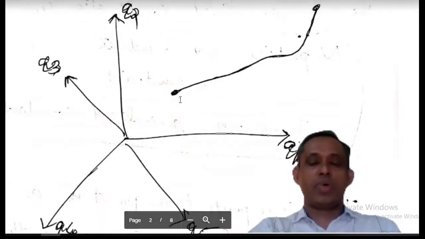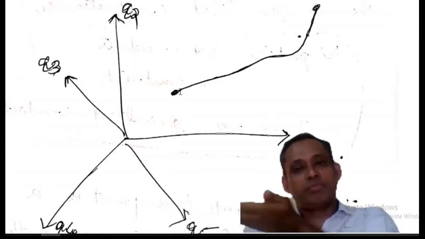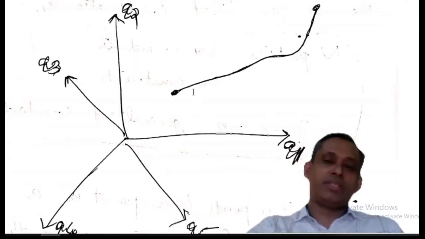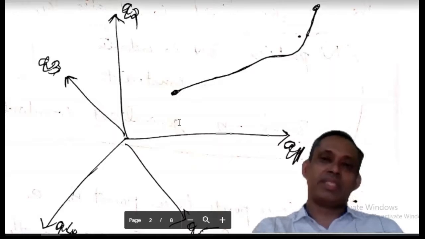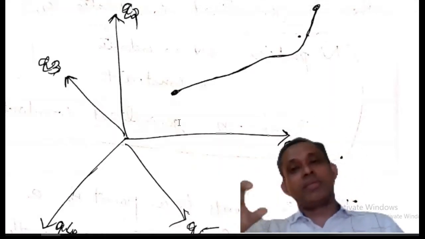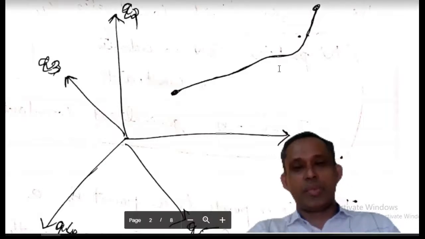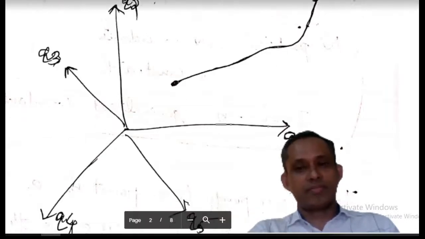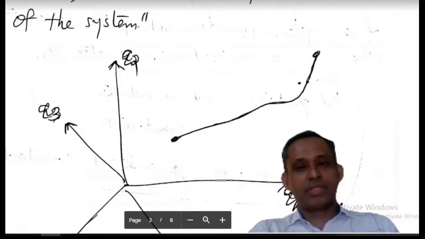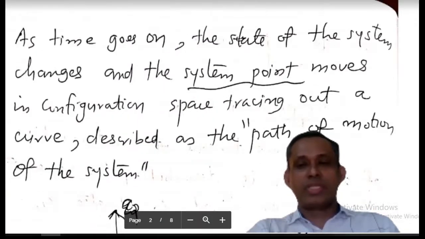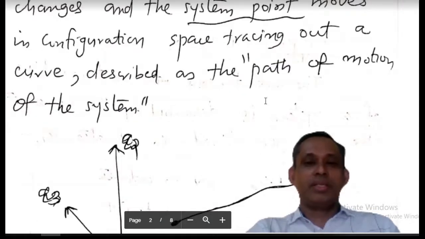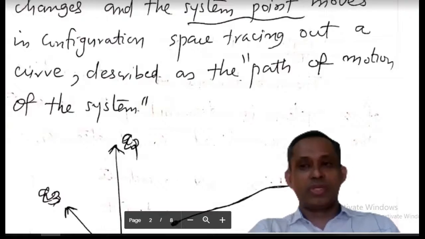As time progresses, the system point traces a trajectory in the configuration space. It travels along a path like this, described as the path of motion of the system.